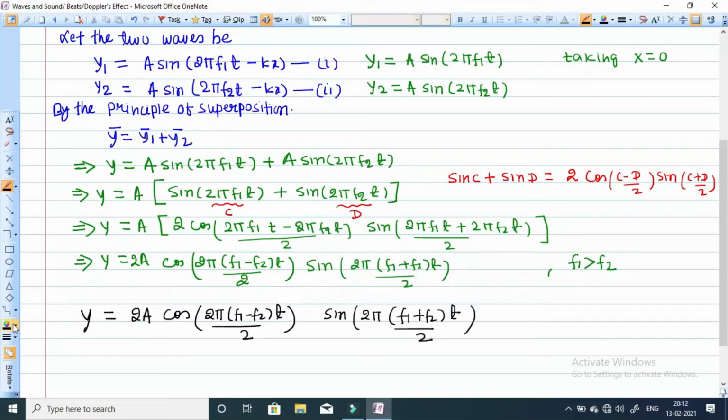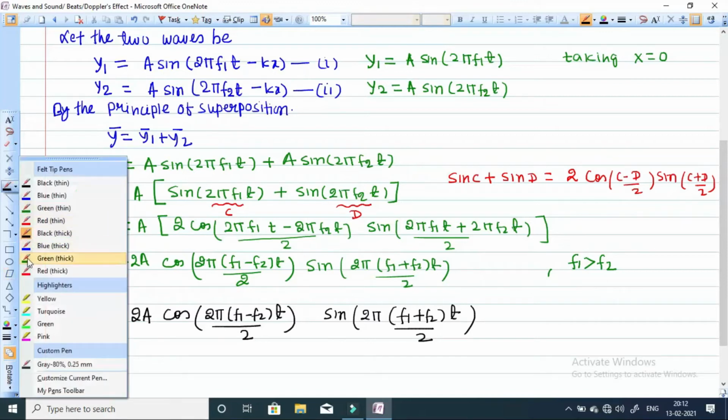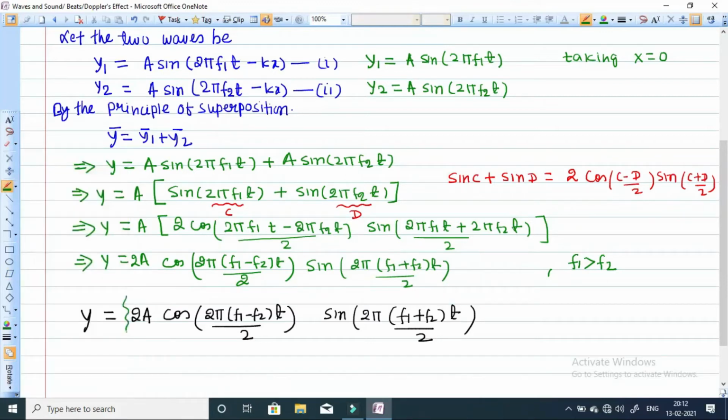So if you look here, this part is representing the amplitude of the wave. We can write the resultant amplitude A is equal to 2a into cos of 2 pi into (f1 minus f2) into t divided by 2.